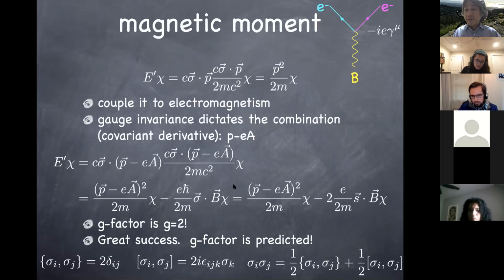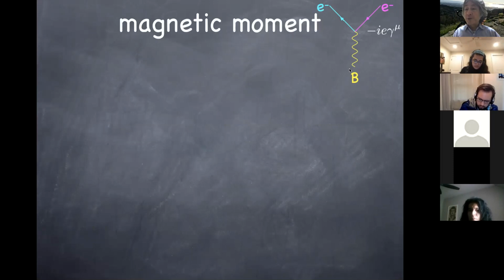So the g factor you computed in your homework problem basically corresponds to this diagram of the electron feeling the external magnetic field, which is basically this virtual photon. But this is the lowest order perturbation theory, as I emphasized. If you go to higher orders, you have this process too, where you exchange a virtual photon between initial and final state. And this is what is called the loop diagram, because you have a closed loop in the Feynman diagram.